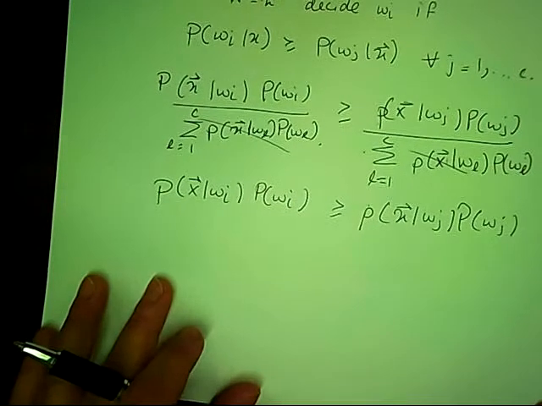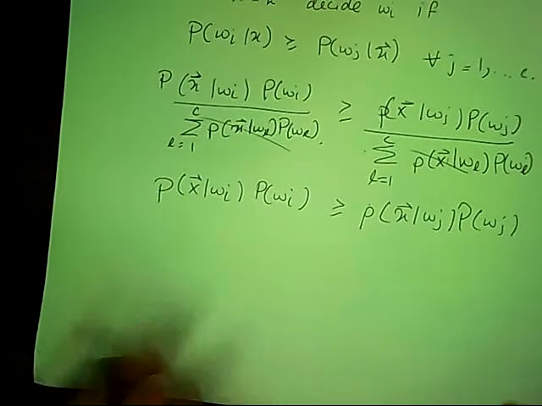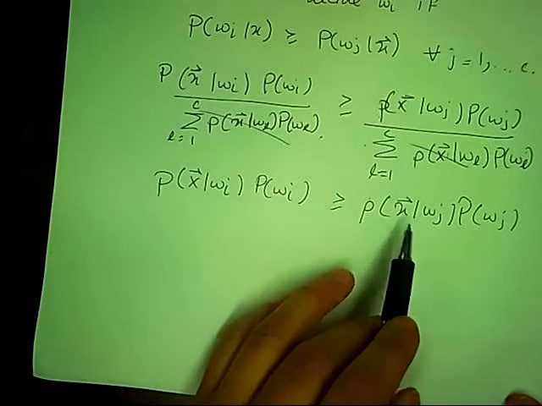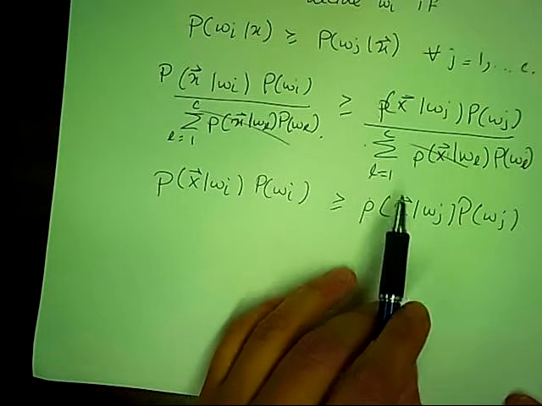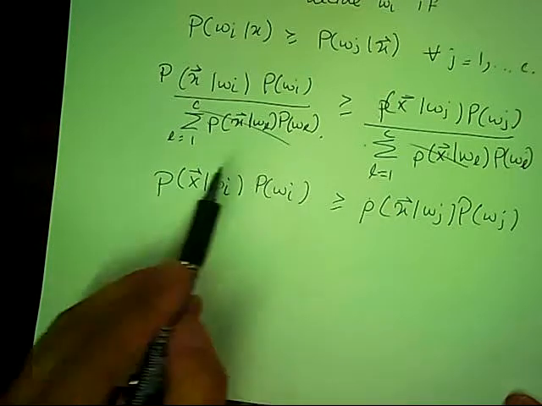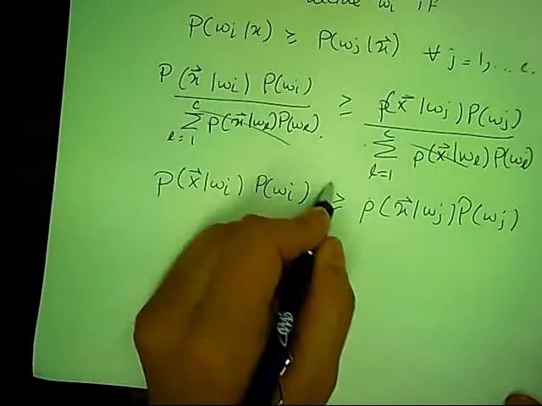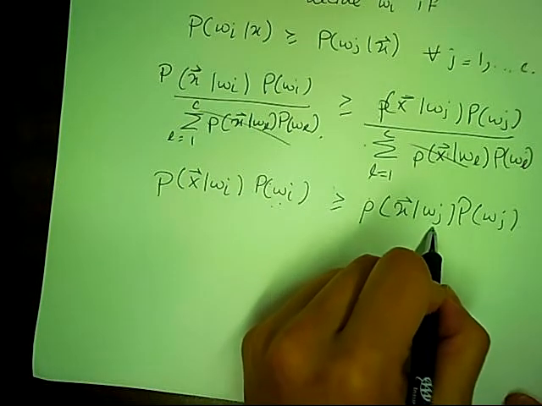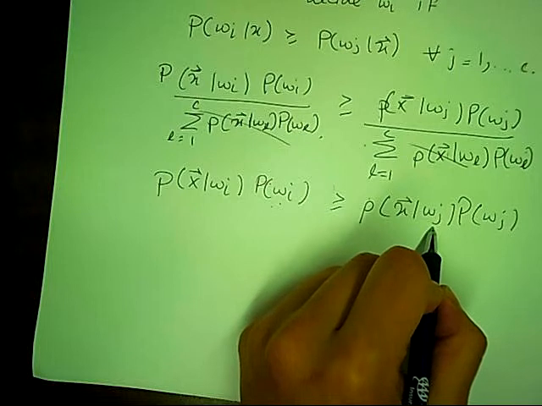So, for the continuous case, given an x, choose a class such that the probability of x given the class times the prior class is greater than the other class.